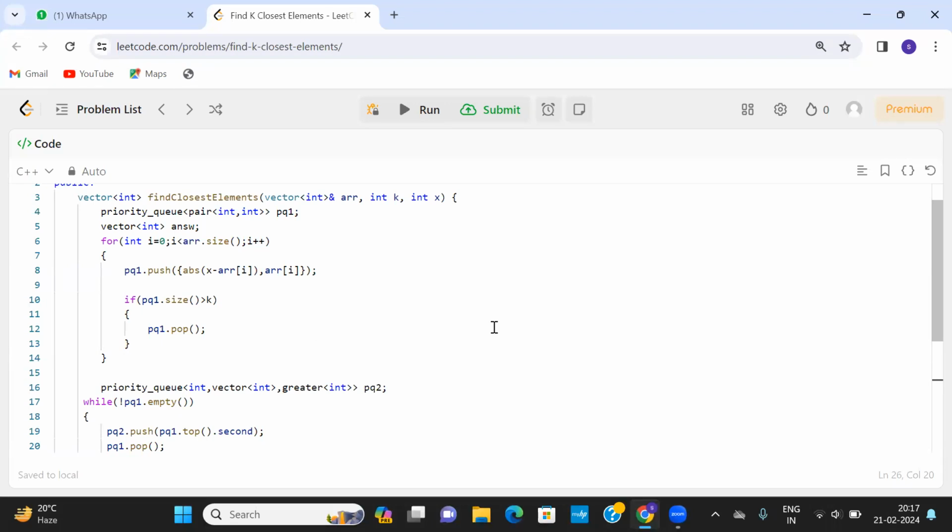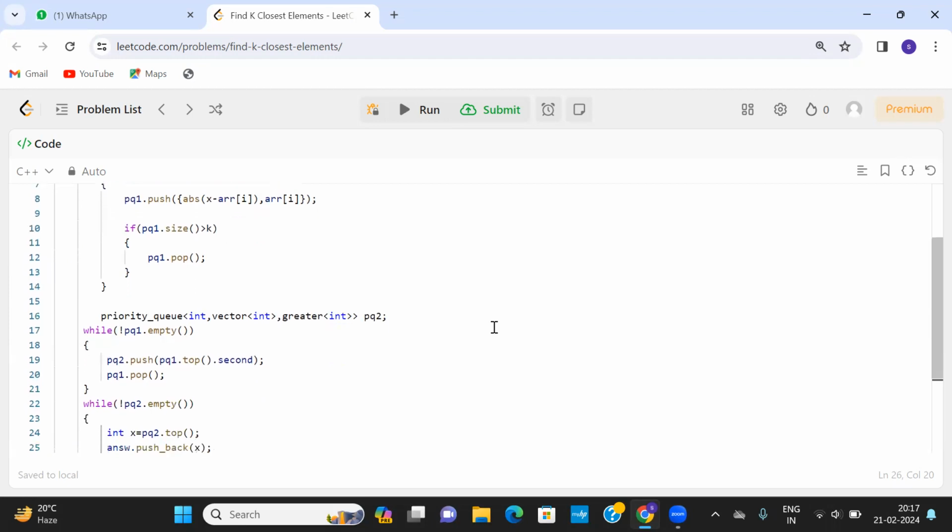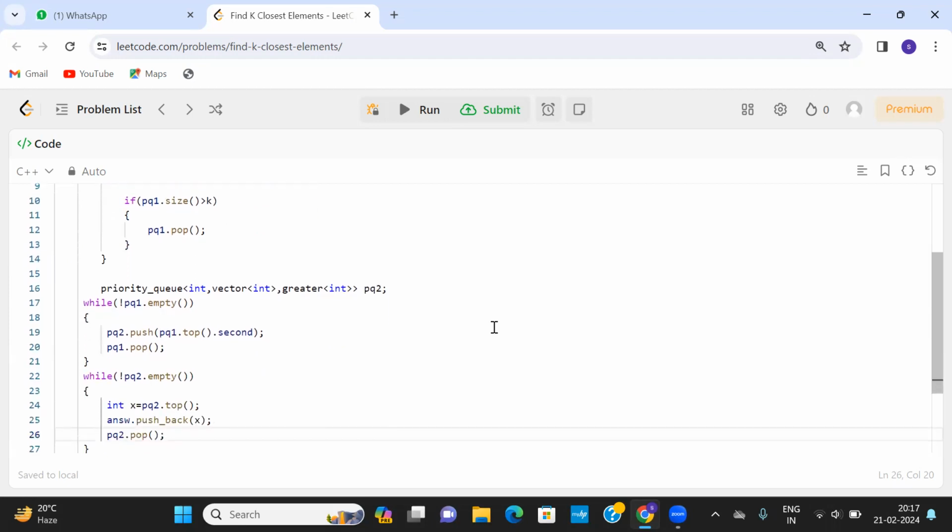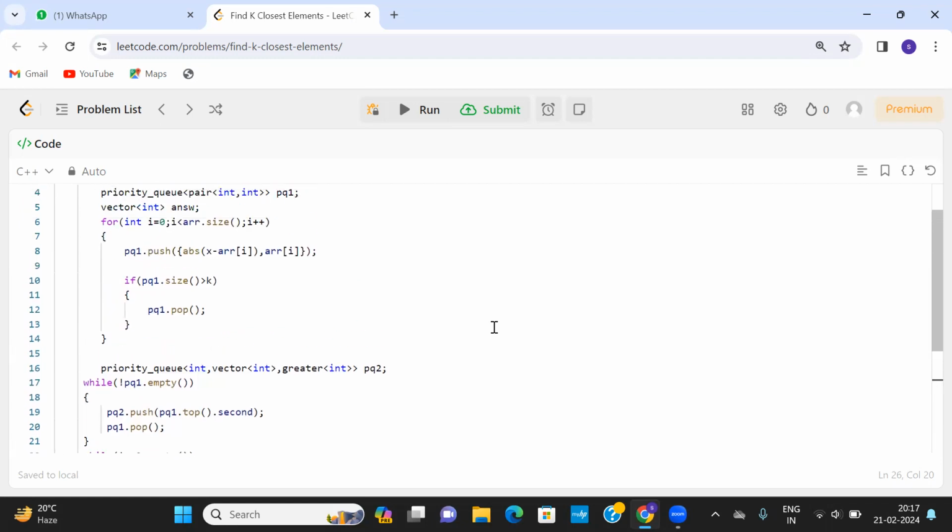This is our step number 1. After step number 1, we have the k closest elements to integer x. In step number 2, we are going to make a min heap because we need to sort the integers also.